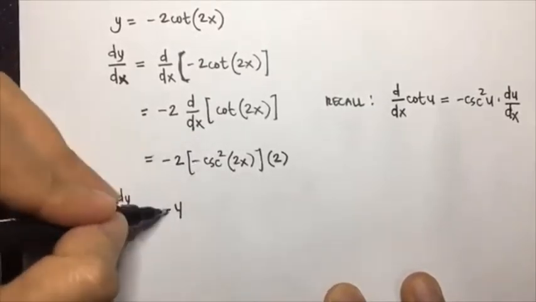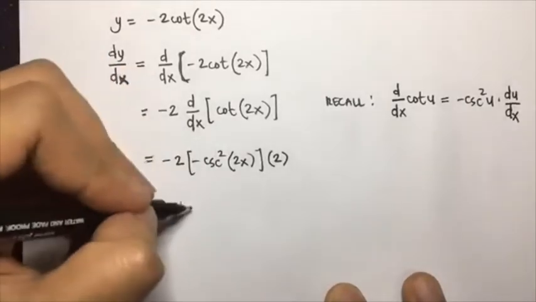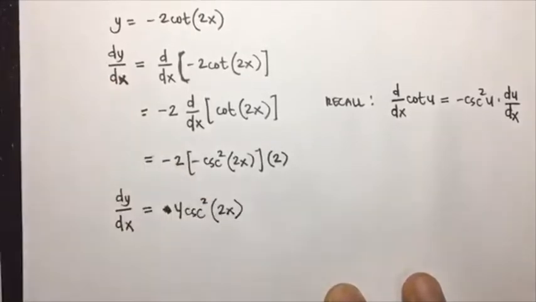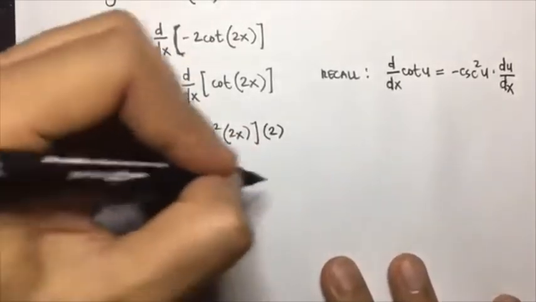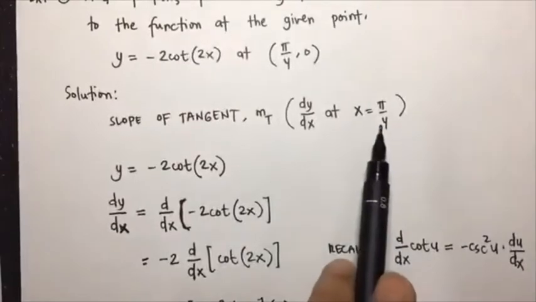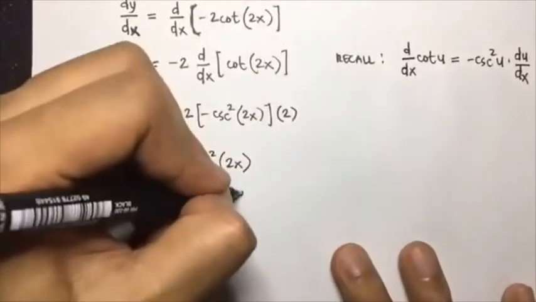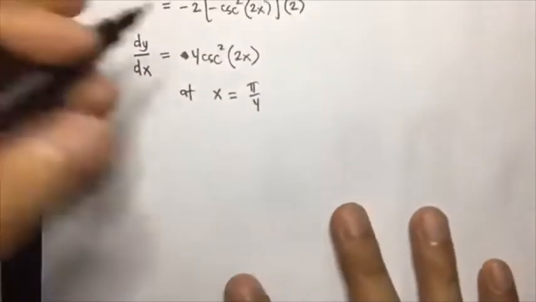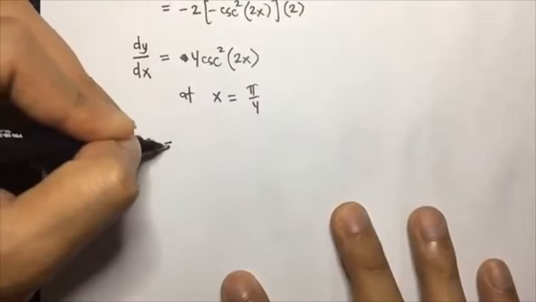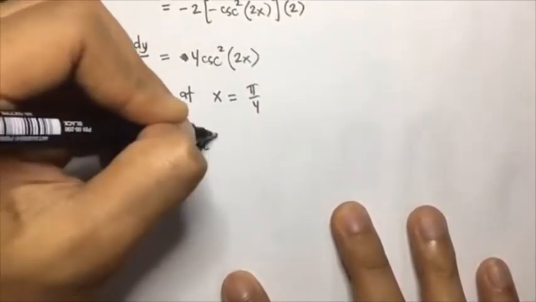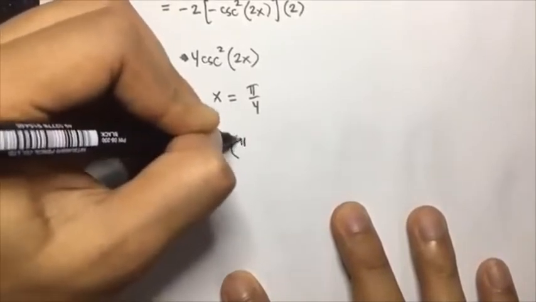Therefore, dy over dx is equal to negative 4. Sorry, it's positive already. So positive 4 cosecant squared of 2x. At x is equal to pi over 4, the slope of the tangent line is equal to 4 cosecant squared of 2 times pi over 4.